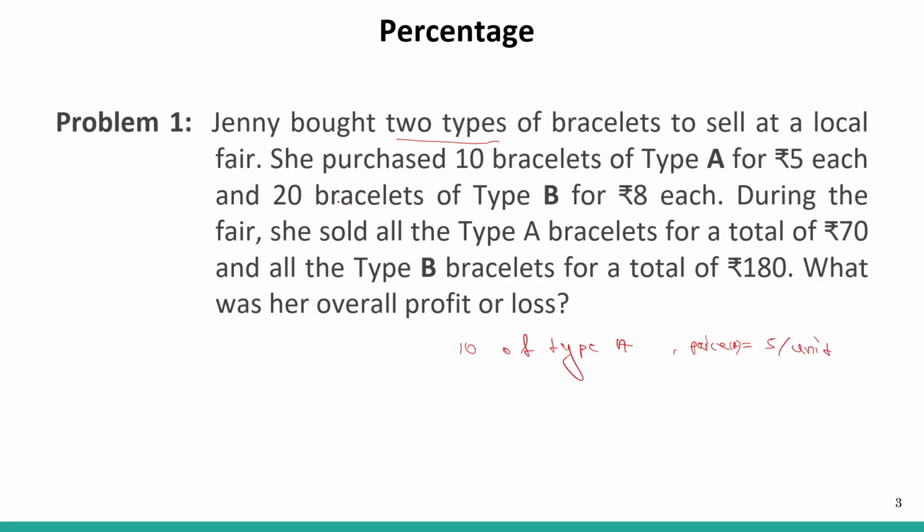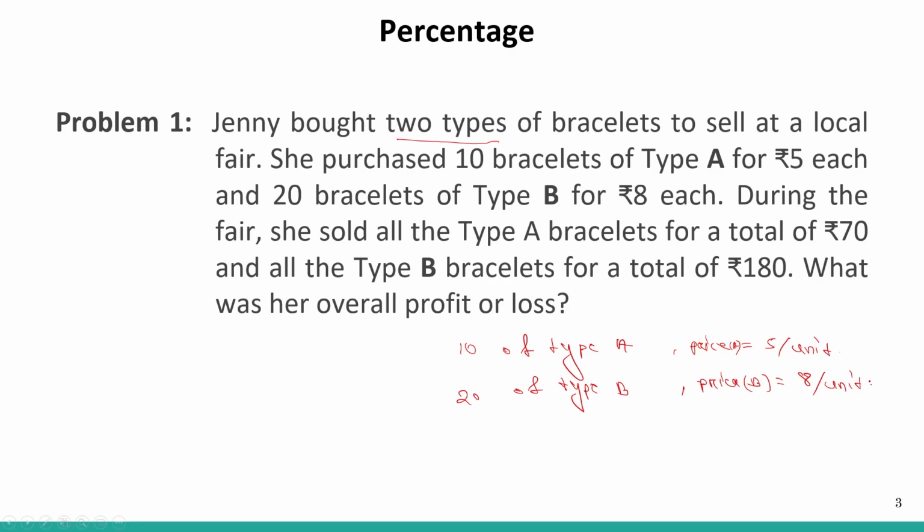And 20 bracelets of type B. The price of B is 8 per unit.